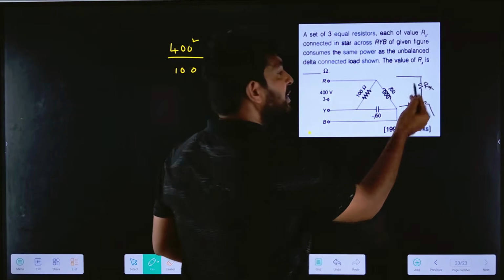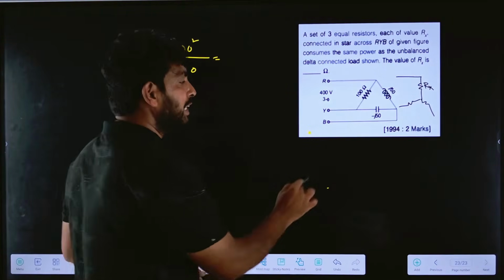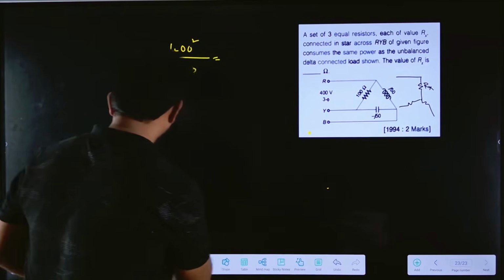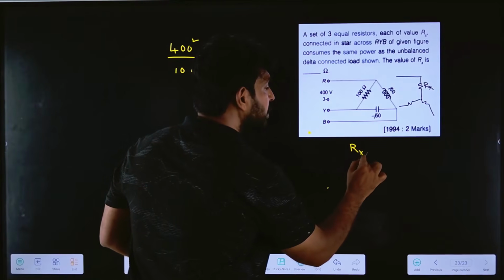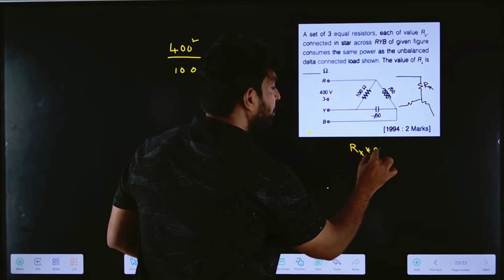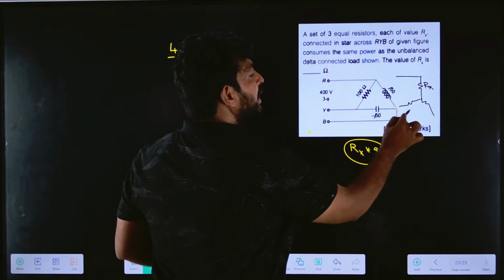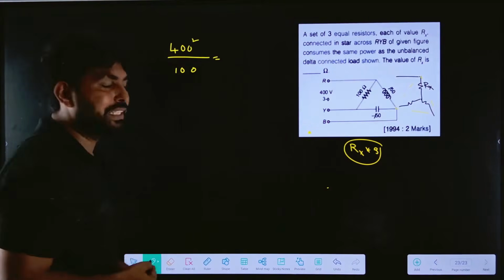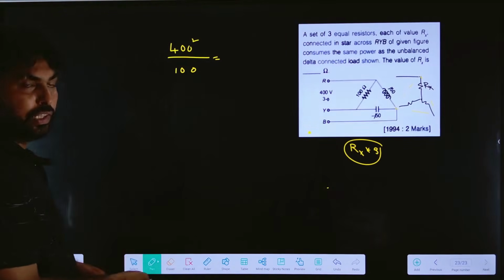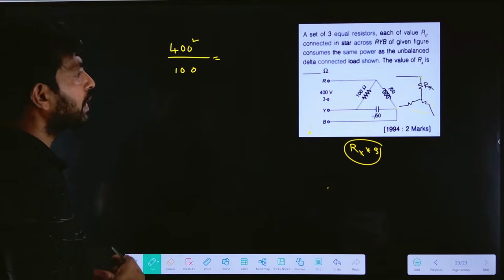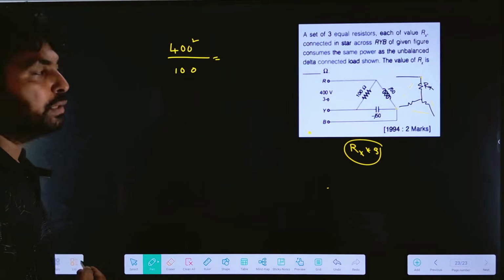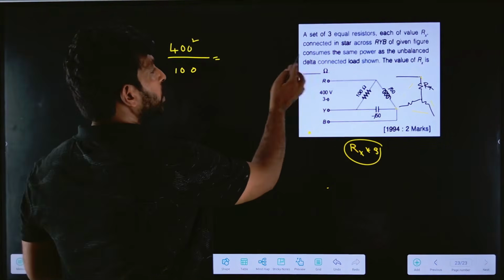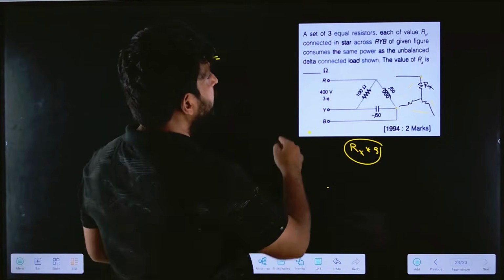If I convert this star connection Rx into delta, this Rx will be 3 times. If I convert into equivalent delta, this Rx will be 3 times, 3 into Rx. Now if I find the power across Rx, equal to total power.